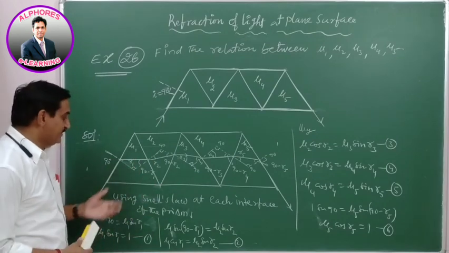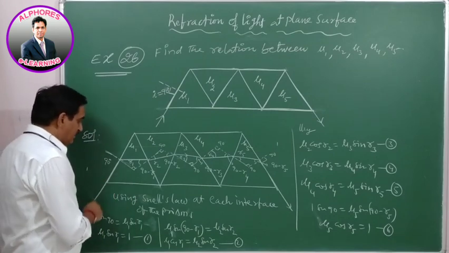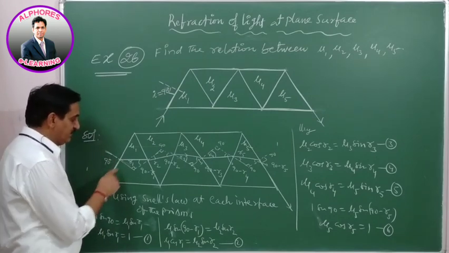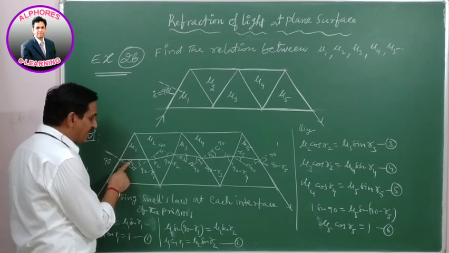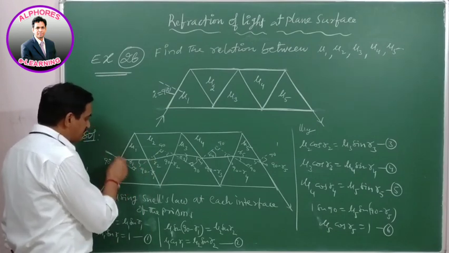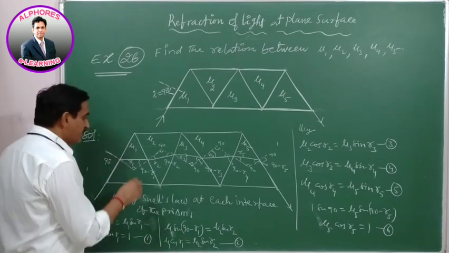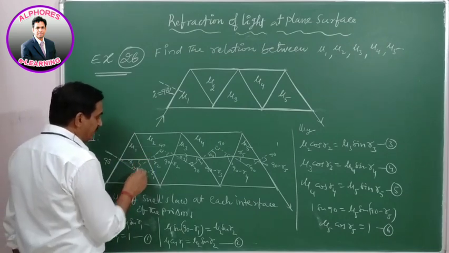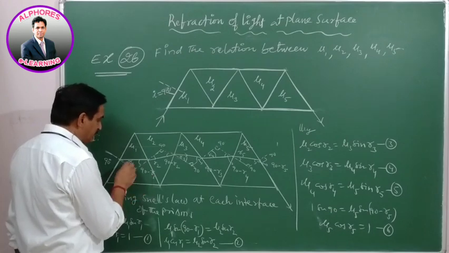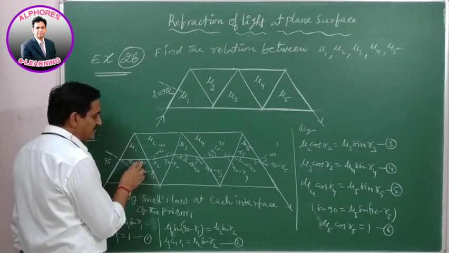indices of 5 prisms. See here, this is initially grazing incidence, 90 degrees, and the angle of refraction, let it be R1, and these normals extended here make 90 degrees because they are right-angled isosceles triangles. Now this angle becomes 90 minus R1. This is R1, this is 90, 90 minus R1.